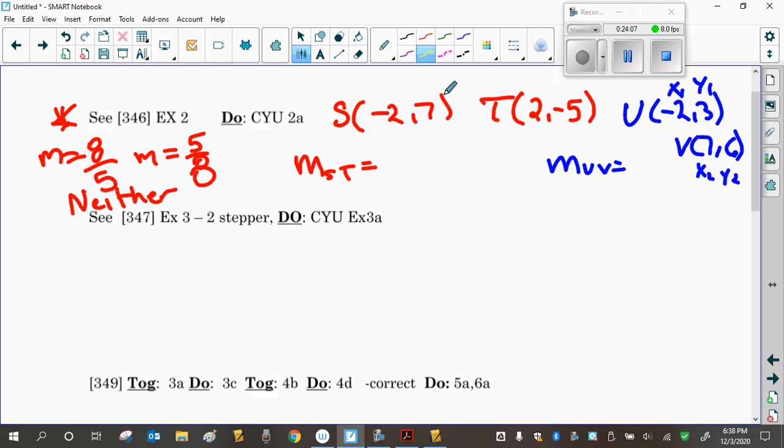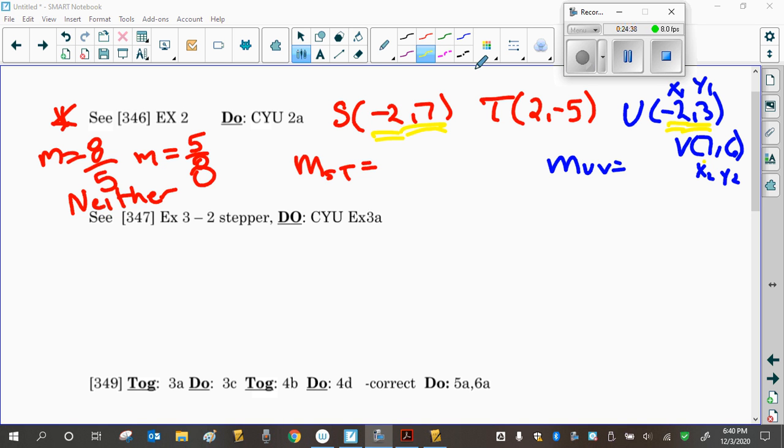And just a friendly reminder that anytime the x1 or y1 is negative, it becomes a double sign, a plus. All right, you go ahead and pause it, and we'll give you, I don't know, 3 minutes to do that.